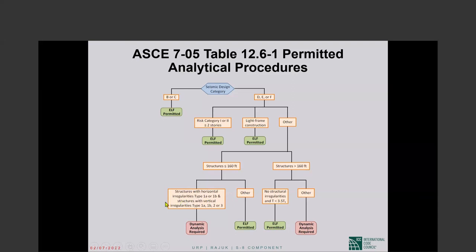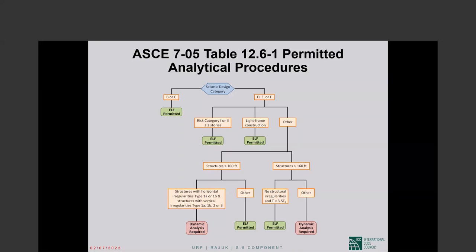among the different types of irregularity that we have, remember 5 types of horizontal, 5 other types of vertical irregularity. Some of those irregularities I will call quote unquote bad irregularities.